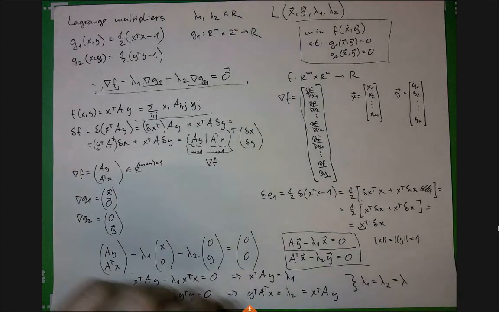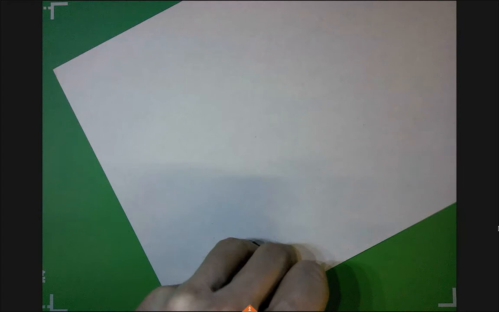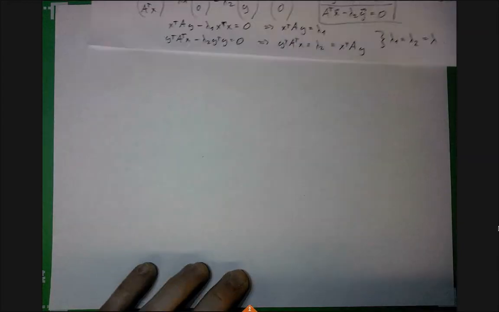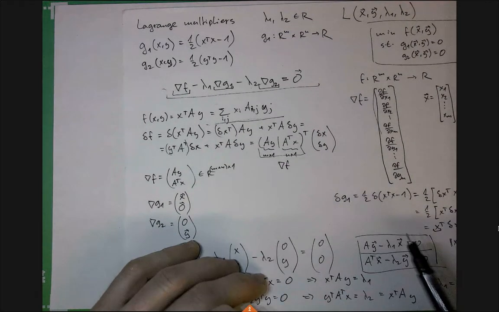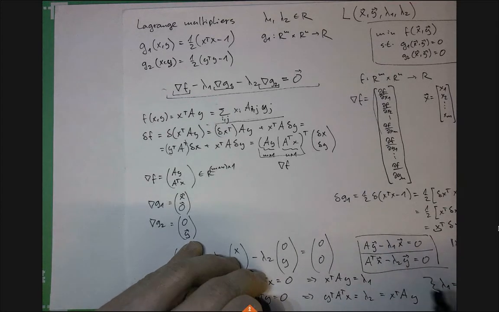And here comes the beautiful part where it will all click. So now I know I don't have to differentiate between lambda 1 and lambda 2 anymore. I can just write lambda. So let me copy these two equations where I substitute lambda for both lambda 1 and lambda 2.